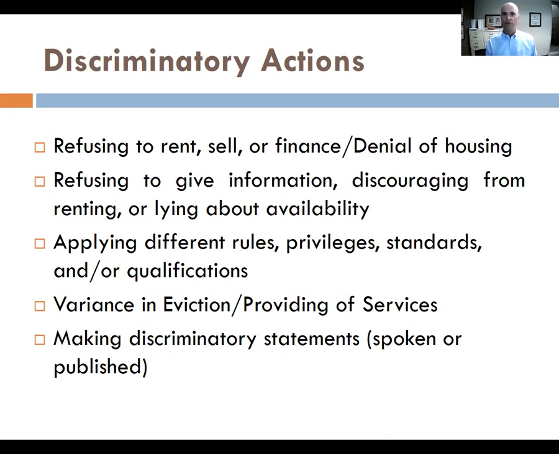So they refuse to rent or sell, don't want to show, don't want to give information, or refusing to rent or sell to someone because they don't speak English would be a national origin type of discrimination. Refusing to give information, discouraged from renting, or lying about availability.